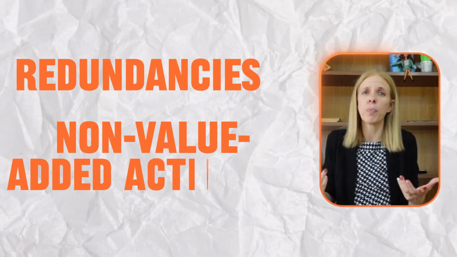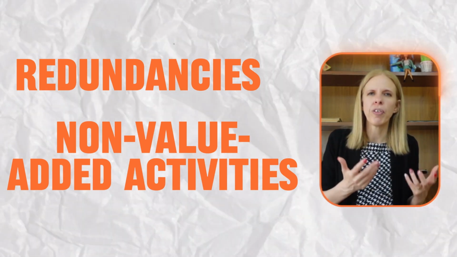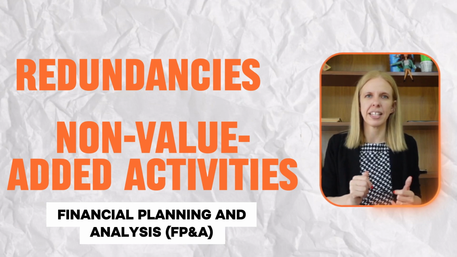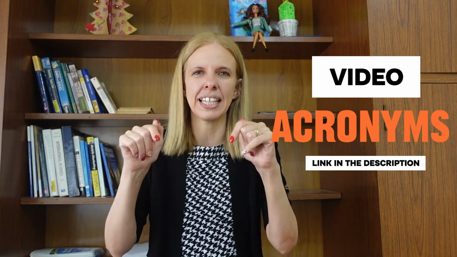As IBP extends to all the business, it is common to find redundancies and non-value-added activities with financial planning and analysis, FP&A, that resides in finance. Please check out my video about the acronyms in planning that I have included the link in the description.